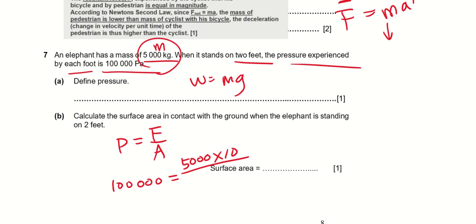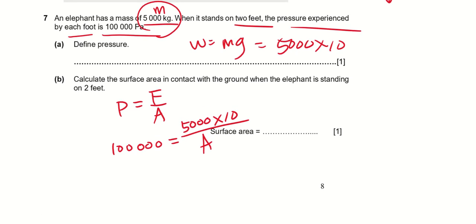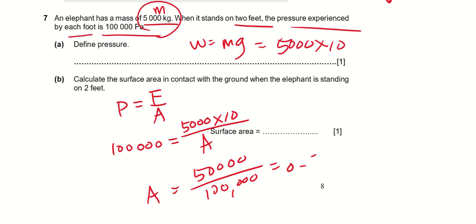W equals mg, so it equals 5,000 times 10. Now this is the total area, which is of 2 feet, right? So area then equals 5,000 times 10, which is 50,000, over 100,000. Therefore, I'll get 0.500 meter square.